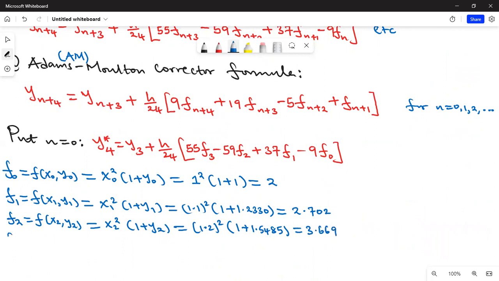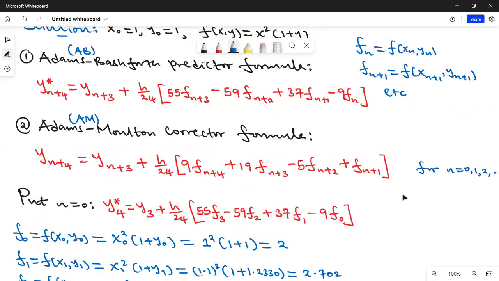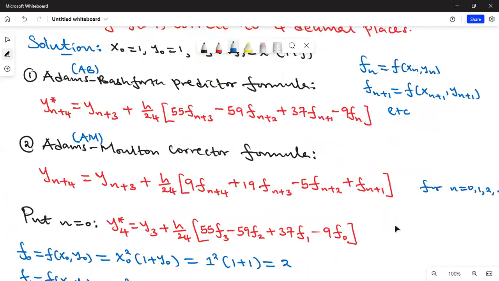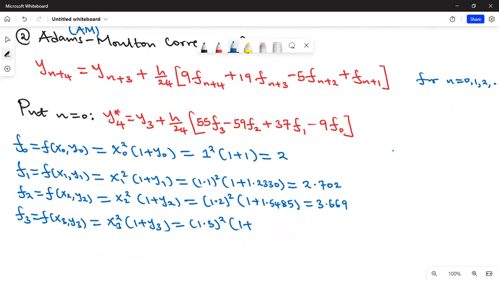And we also need F3. That is f of x3, y3, and that is x3 squared into 1 plus y3. x3 is 1.3, you square it, 1 plus y3, we have it again from that table, 1.9789.